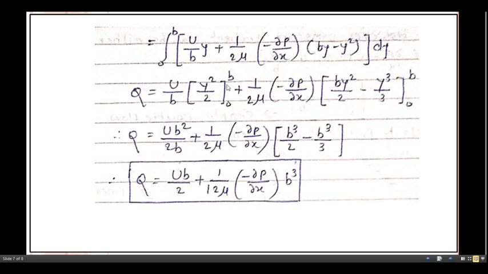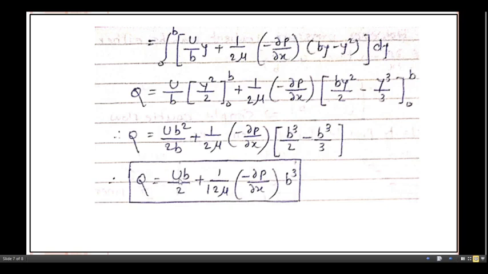Now just put the limits and we get the simplified relation for q in this way: U b square divided by 2b plus 1 upon 2 mu into minus dabba p by dabba x into (b cube by 2 minus b cube divided by 3).